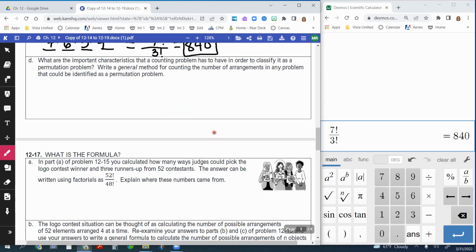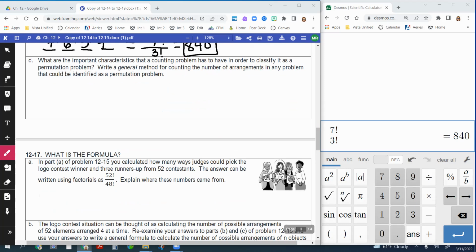What are the important characteristics that a counting problem has to have in order to classify as a permutation? Write a general method for counting the number of arrangements in any problem that can be identified as a permutation problem.